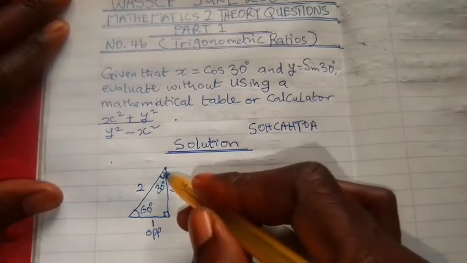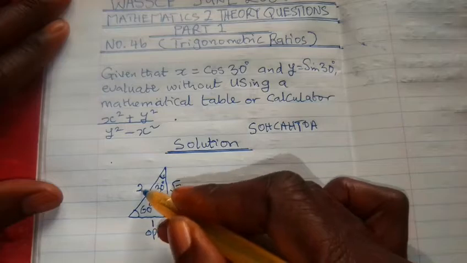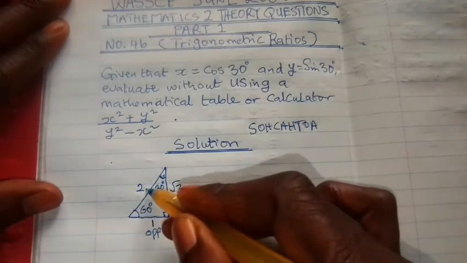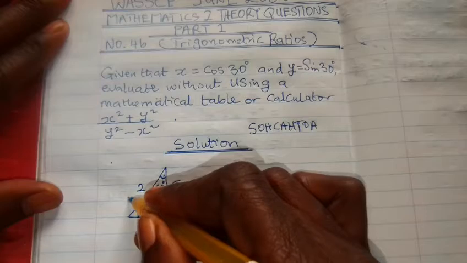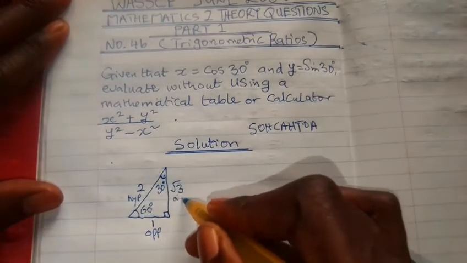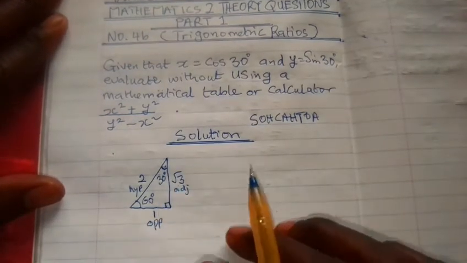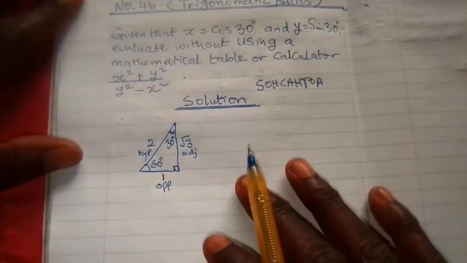Then the side facing the 90 degrees is the length where 2 is. This will become the hypotenuse. The third side will become the adjacent. You must be able to identify these 3 sides if you must solve this problem.